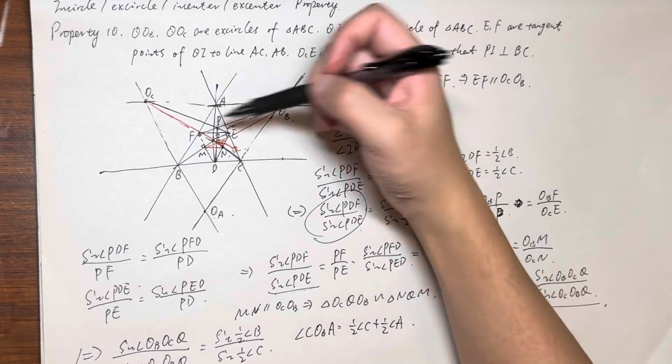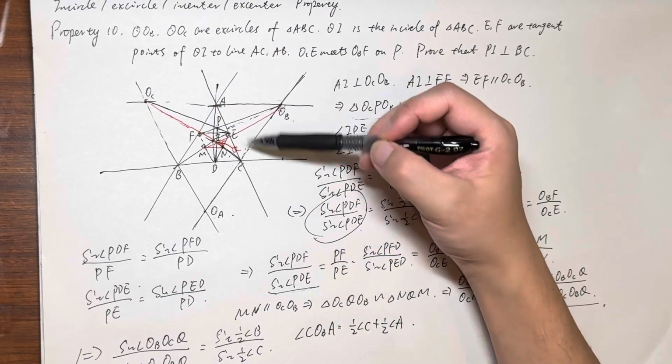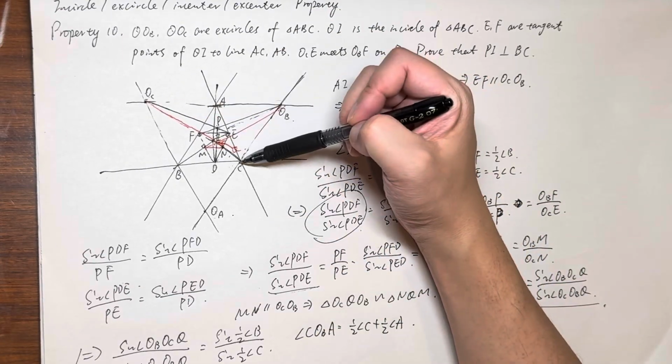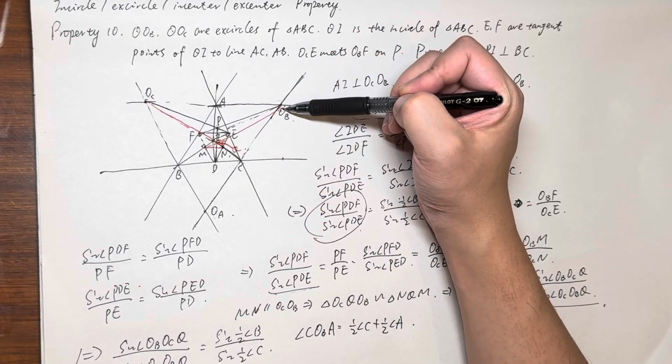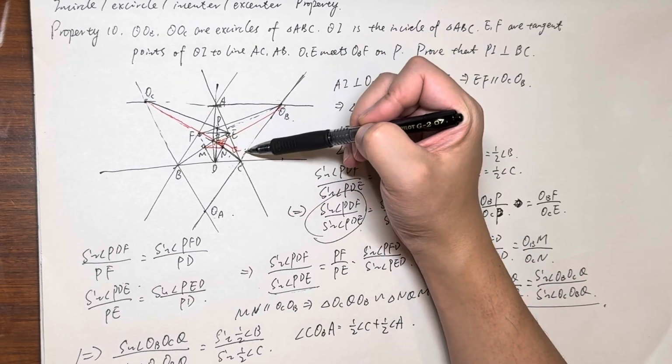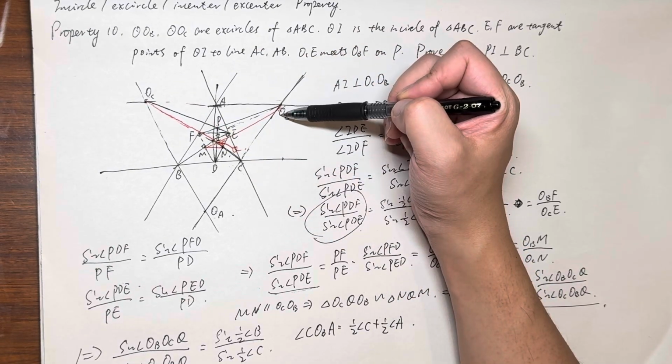Right? Then we know that the angle COBA plus angle COCOB equals 90 degrees, right? Because angle OCCOB is 90 degrees.